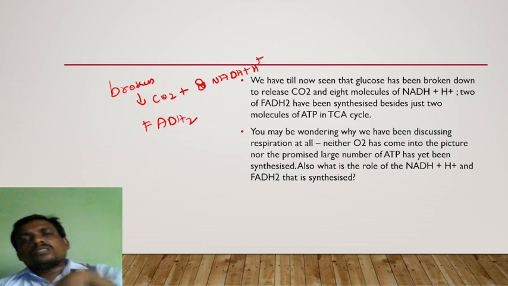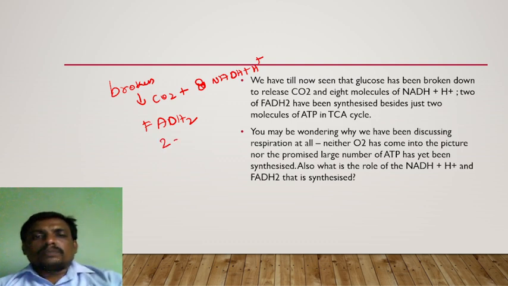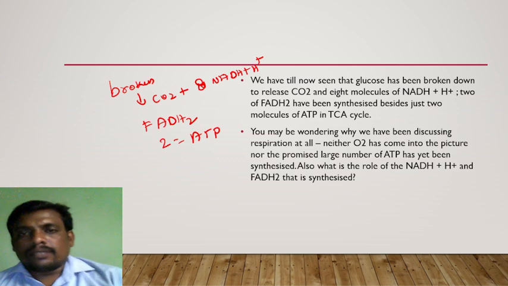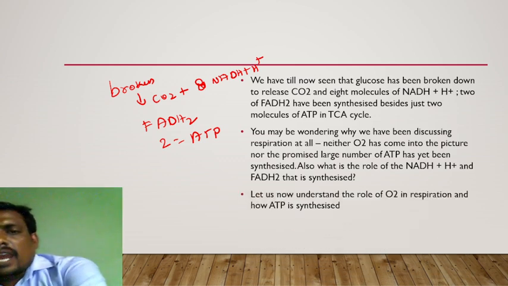Why? Because the cycle will repeat 2 times. Just 2 molecules of ATP in the tricarboxylic acid cycle. Understood, everyone?